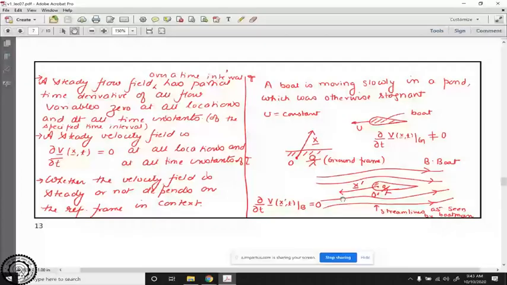V itself will be non-zero, but at a fixed location from where he is, that velocity will not change. So this is a case in which the flow domain is the same, but for different observers, the velocity fields that they see, one is steady and one is unsteady.